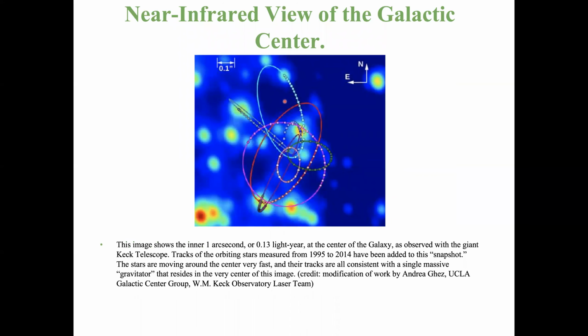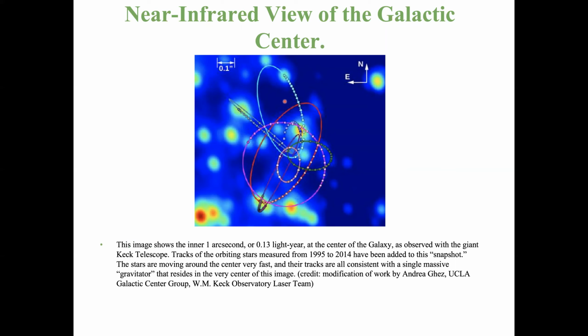And here is another image that shows you the center of our galaxy and the tracks of the orbits of the stars measured for around 20 years, from 1995 to 2014. What is important here is when you look at the tracks of these stars, these are actually the central region observed from the Keck telescope.